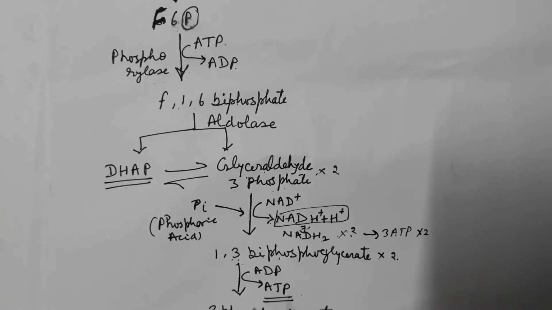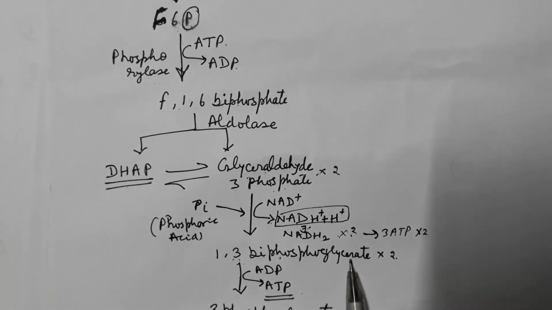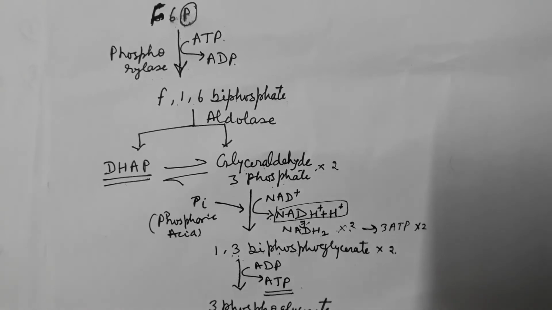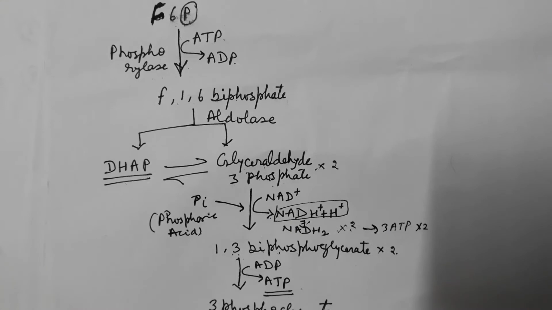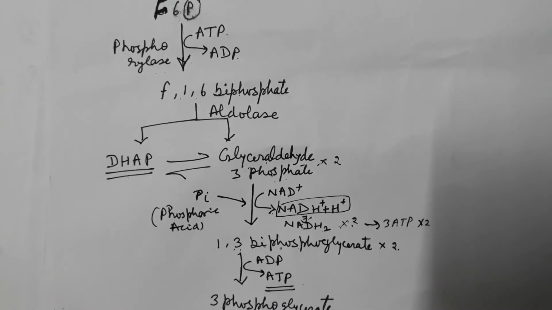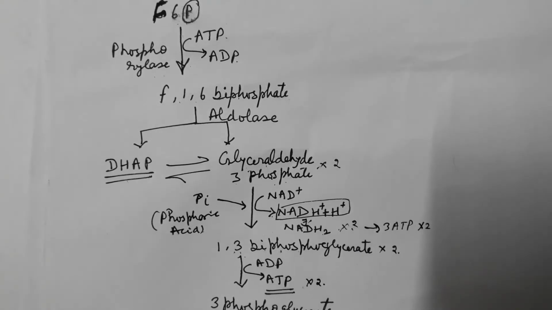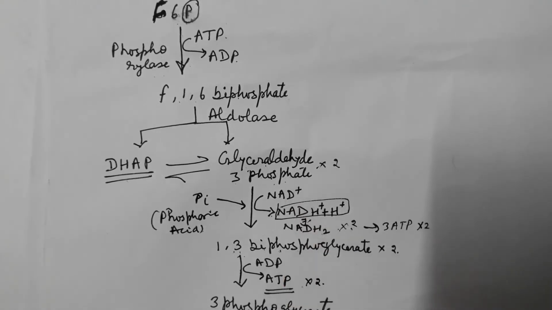In the next step, 1,3-biphosphoglyceric acid is converted into 3-phosphoglyceric acid. In this step, 1 ATP molecule is produced. We can say 2 ATP molecules are produced because we are doubling the products.